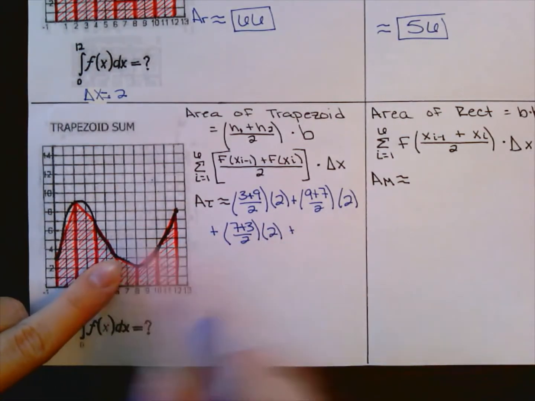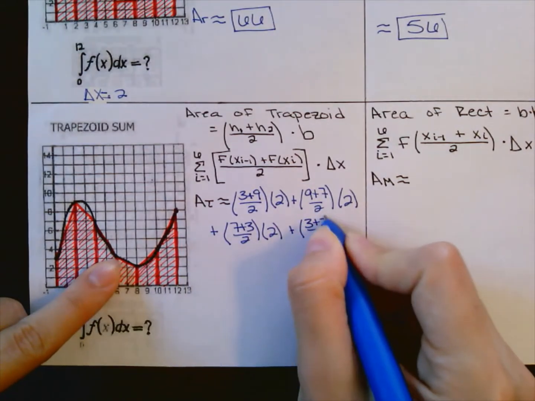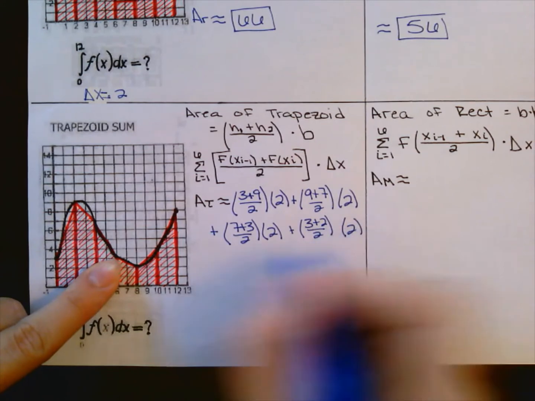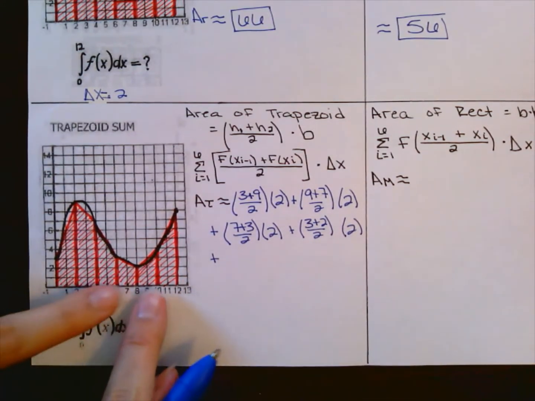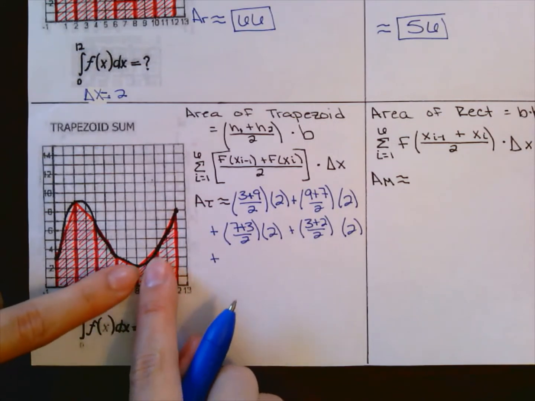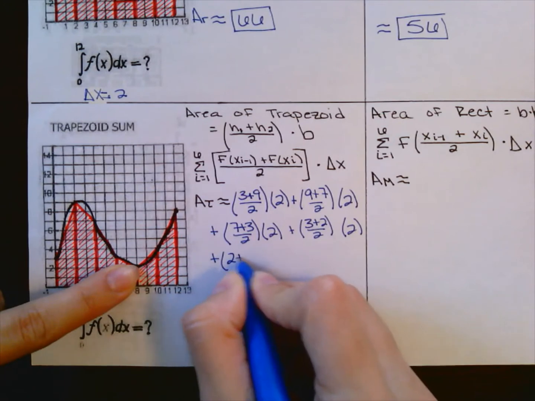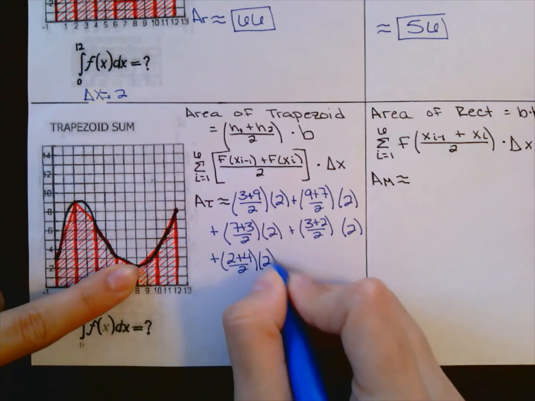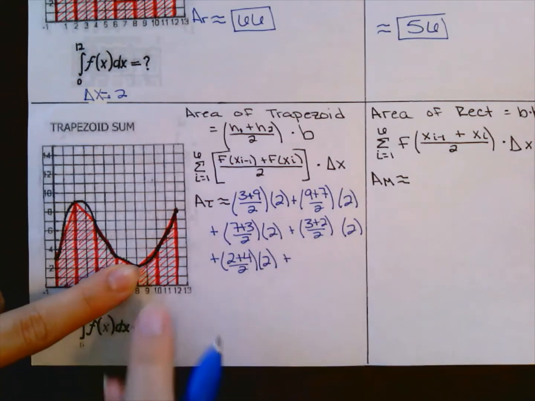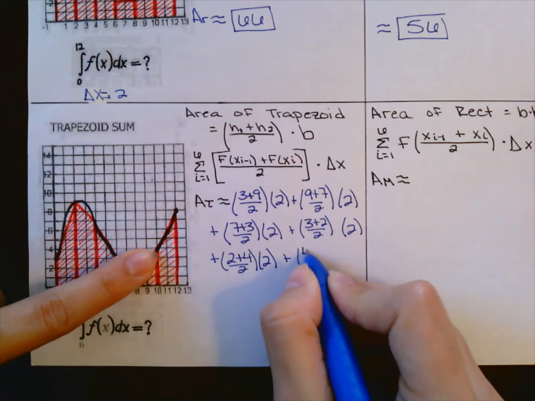I have 3 and 2 times the base, which is 2. Okay. Next one, average of the heights. I have a 2 and a 4. Times the base, which is 2. And my last one, I have a height of 4 and a height of 8. Take the average.